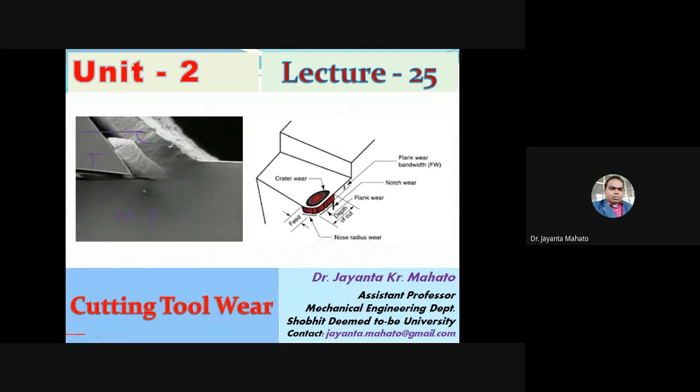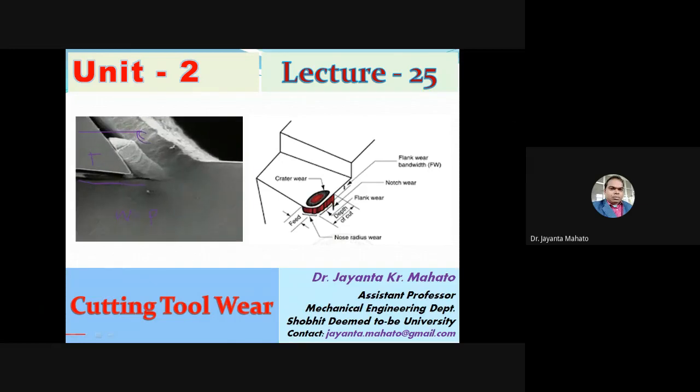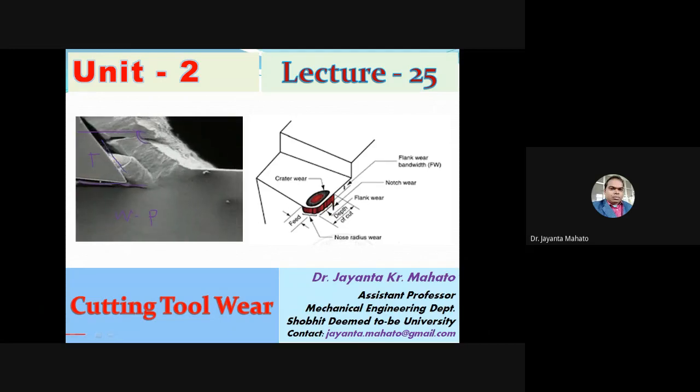So this is chips. Okay. So just see, the chips and this machined surface are both always in contact with the tool surface. Okay, this flank surface and this surface.